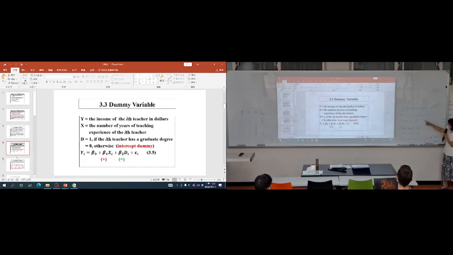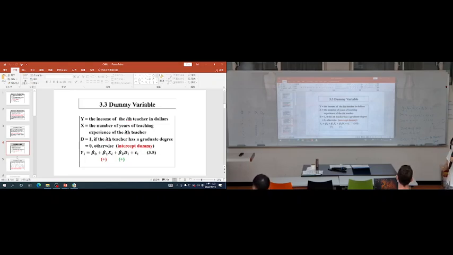What does beta 0 mean here? Since this is the salary and this is the teaching experience, that's the base salary, the starting salary, right? So in this case, x equal to 0 makes sense. If you don't have any teaching experience, this is the first year you start to be a teacher.